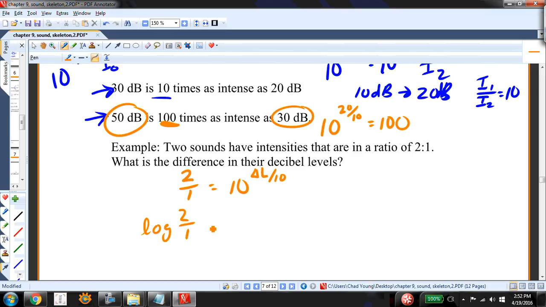Log of 2 over 1 is equal to the log of 10 to the delta L over 10. This effectively gets rid of that, since it's like doing it on both sides. What is the log of 2? It's 0.3. So 0.3 is equal to delta L over 10.